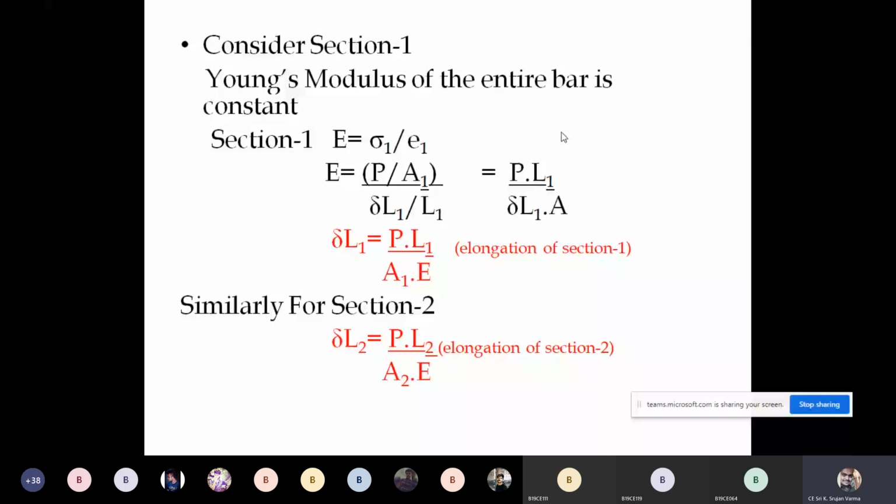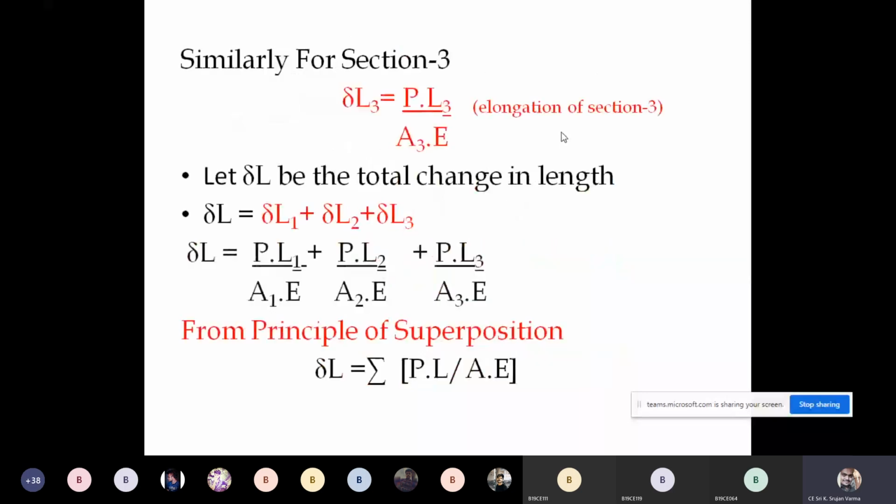Now similarly, can I write down the formula for section number 2, delta L2? Now delta L2 can be written as PL2 divided by A2 into E. Now similarly, can I write down the formula for delta L3? Delta L3 can be written as PL3 divided by A3 multiplied by E. Right.